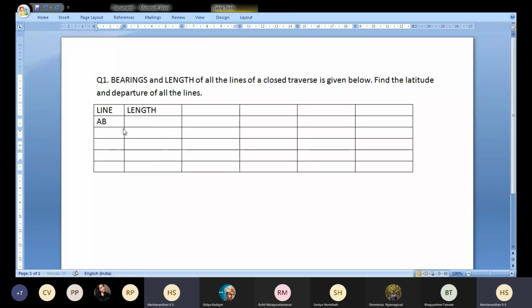Write down the given data: AB, BC, CD, DE, and finally EA. Length of all the lines is given in terms of meters. And bearings are also given.